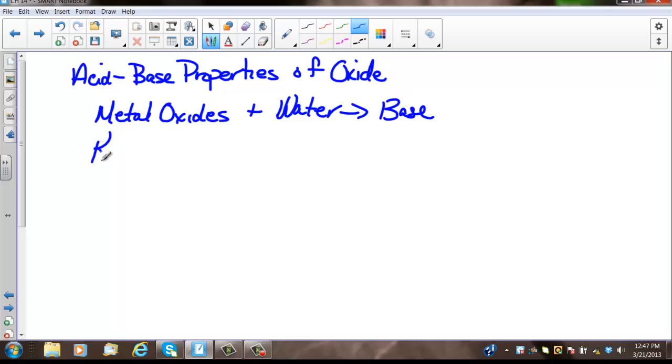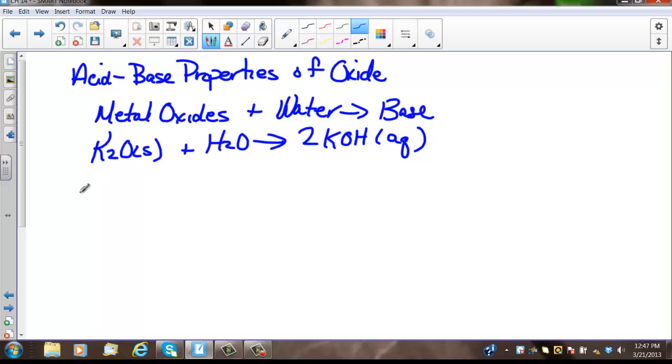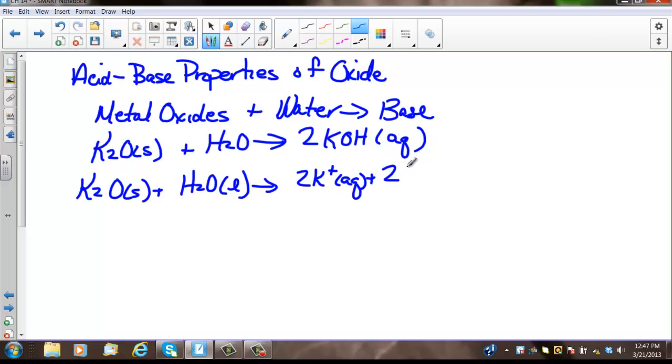An example of this would be K2O solid plus water is going to yield 2KOH aqueous. Or we can do it like this, K2O solid plus H2O liquid is going to yield 2K plus aqueous plus 2OH minus aqueous.